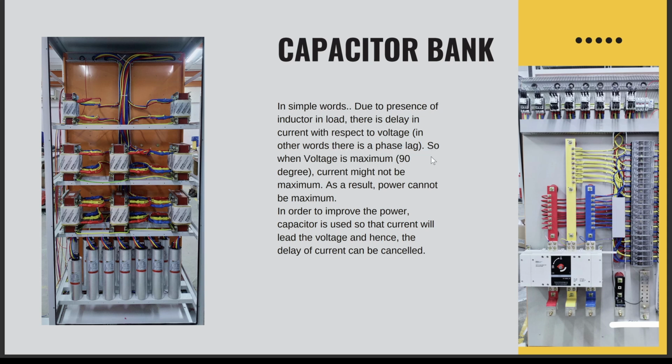Between phases we want each phase difference to be 120 degrees. So when voltage is at 90 degrees, the current may not be at maximum. As a result, power cannot be maximum. We will learn more in the capacitor bank section. This is the introduction.